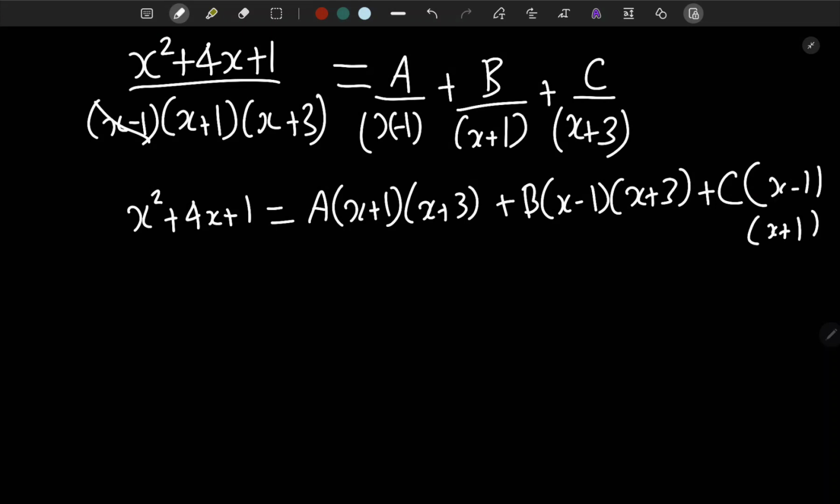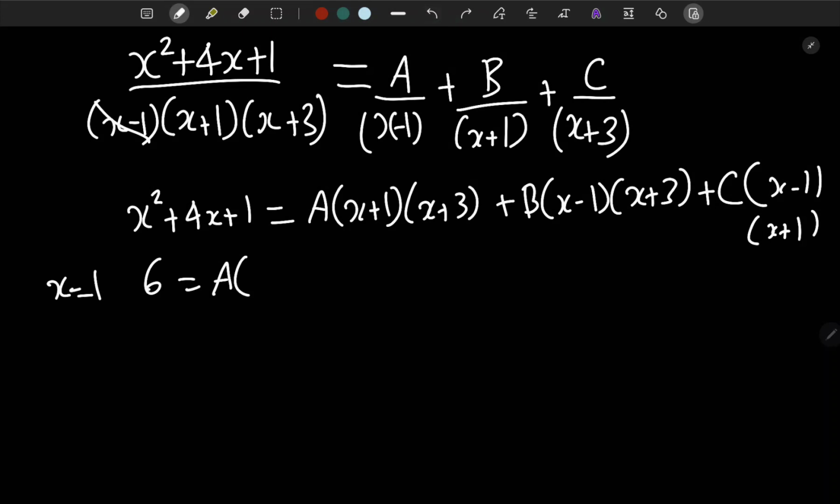I need more space. And now we can start by substituting the factors of x. So let's say x is equal to negative 1, x is equal to negative 3, and x is equal to 1. So for x is equal to 1, when we substitute, we will get 6 is equal to a into, the other two are going to be 0 because this is going to make the entire thing 0 here, and this is also going to make the entire thing 0 here.